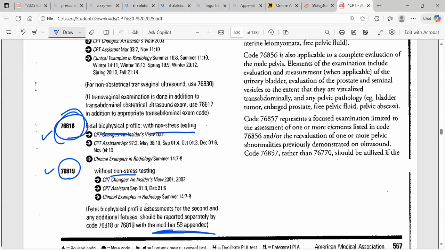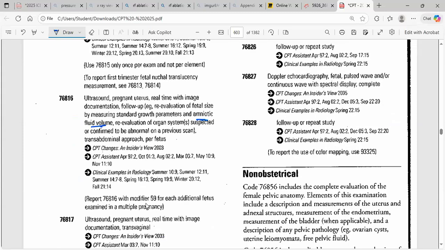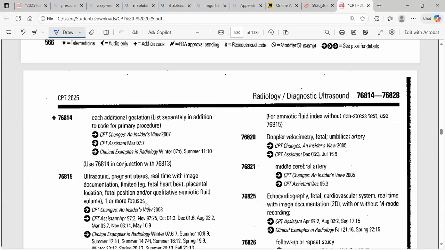And clear till now? So the basic thing, OB and non-OB. OB ultrasounds are for the pregnant, with codes divided based on the trimester, approach, as well as the fetus. If an additional fetus has been reviewed under the ultrasound, we have the additional code for each additional fetus. This gestation means fetus, okay?